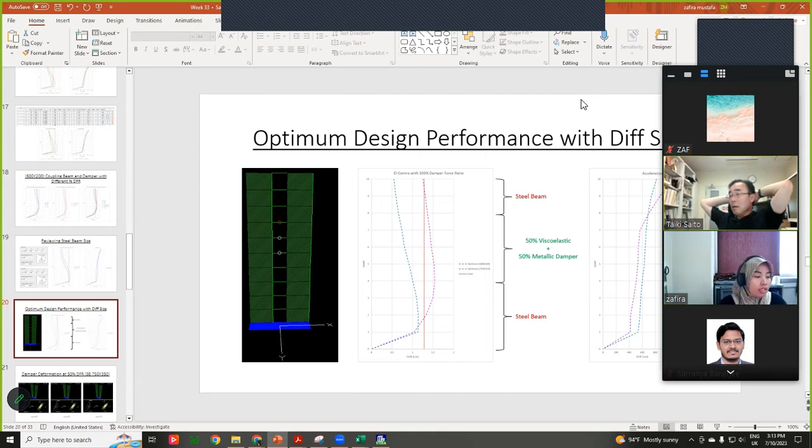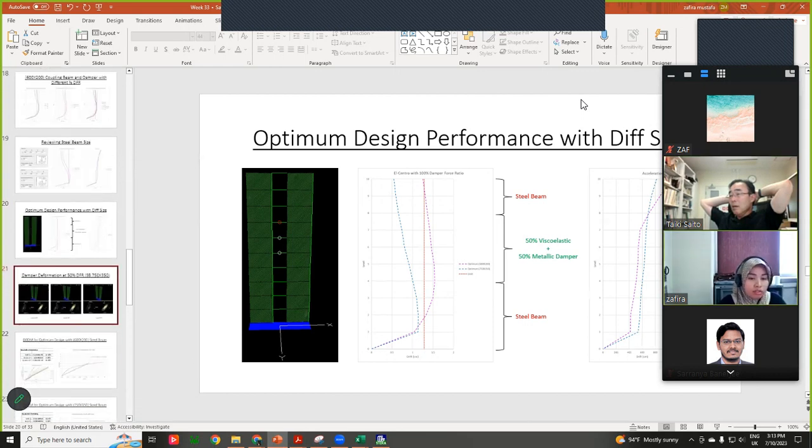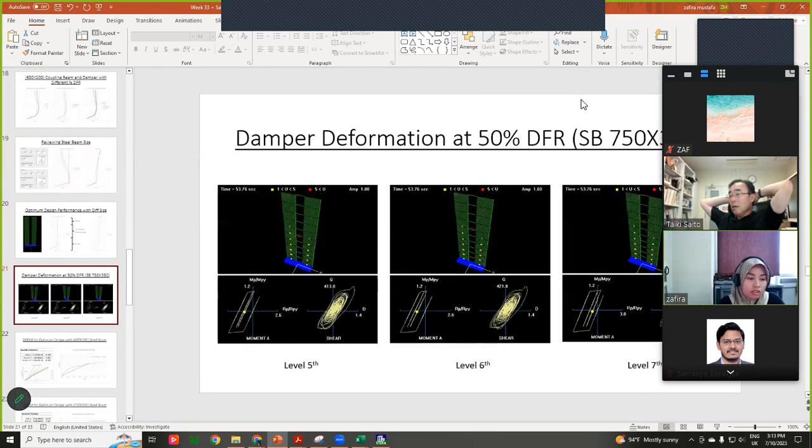And this is the deformation for the metallic damper and viscoelastic. But if you increase the steel size, it costs money, right? Yes. You need some theory.